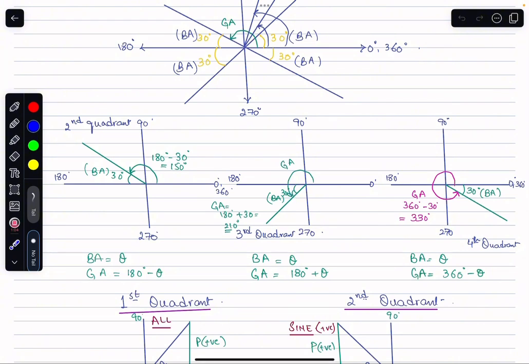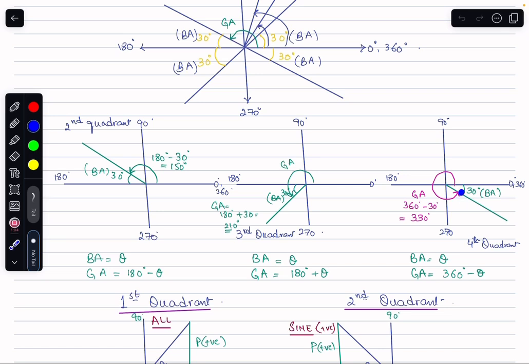So the general angle here is 180 plus 30, giving me 210 degrees. The formula to get the general angle is 180 plus theta. If the basic angle is theta degrees in the third quadrant, then the general angle is 180 degrees plus the theta value.